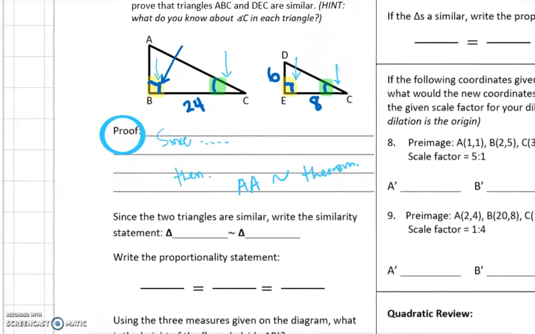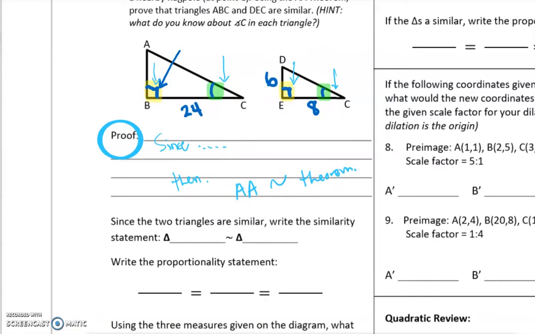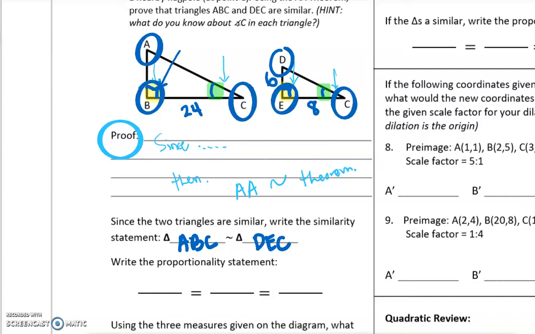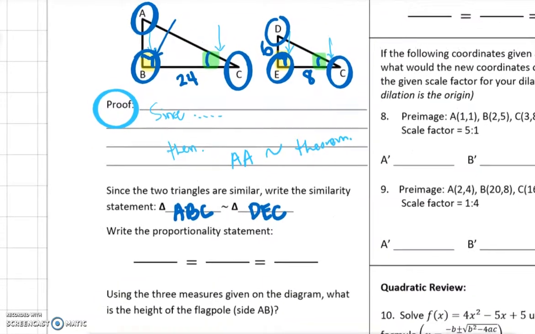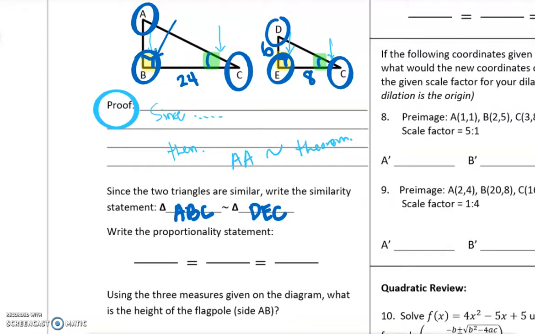The next part is just a similarity statement. So we're going to say triangle, we can start the first one ABC. If we do that, we're going to have to name the next triangle DEC, right? Angle A corresponds with D, B to E, C to C. So you have to make sure that that's in the correct order. A proportionality statement is just taking all of the corresponding sides and writing them in proportion to one another.